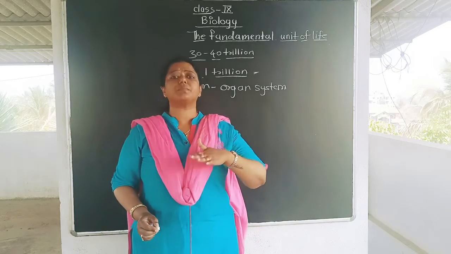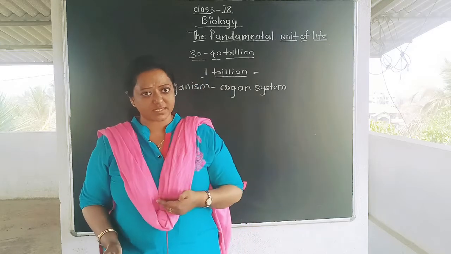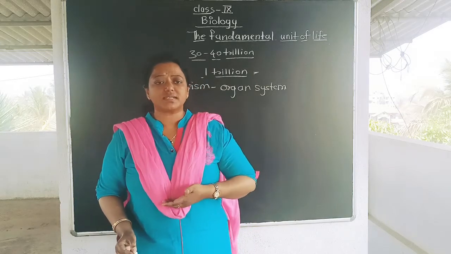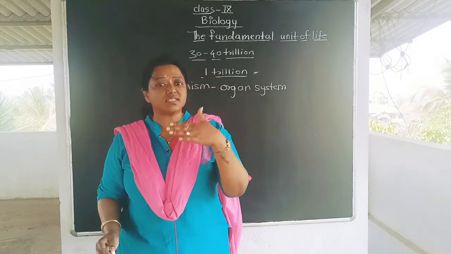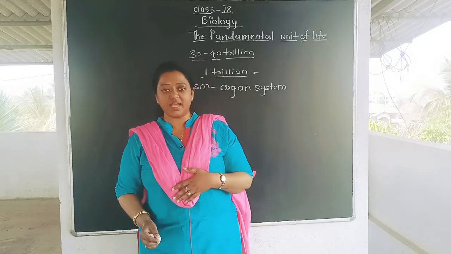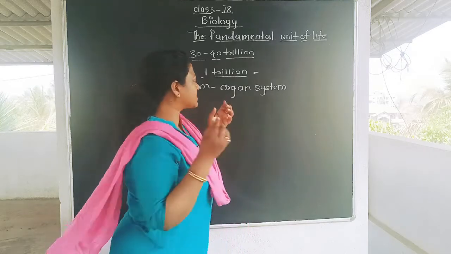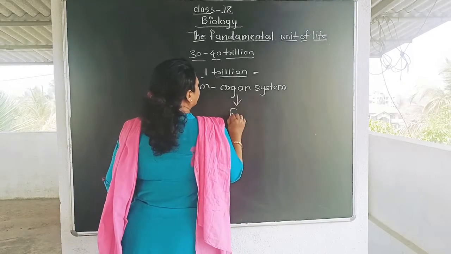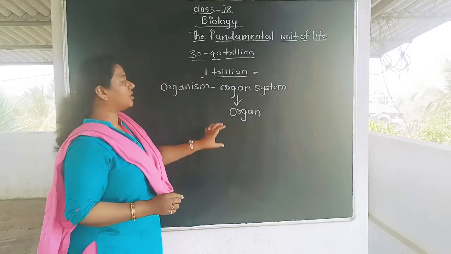I just gave the example of a digestive system. I can take the example of a respiratory system, circulatory system, reproductive system. So various kinds of organ systems are present in the organism. Understood, students? And this organ system is composed of what? Organ system is composed of organs. There are various organs that form an organ system.